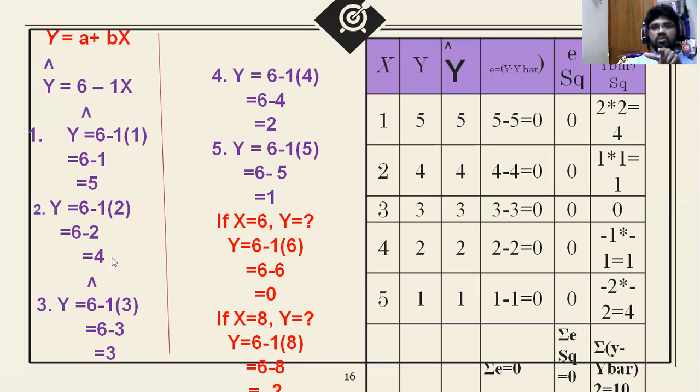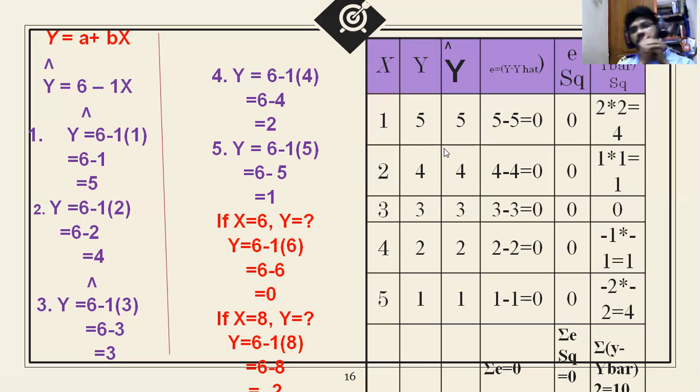When x is equal to 2, what is the expected estimated value? 4. When x is 3, what is the expected y cap value? 3. When x is equal to 4, what is the y cap value? 2. When x is equal to 5, how much is the y cap value? 1. Okay, so you can write like this.